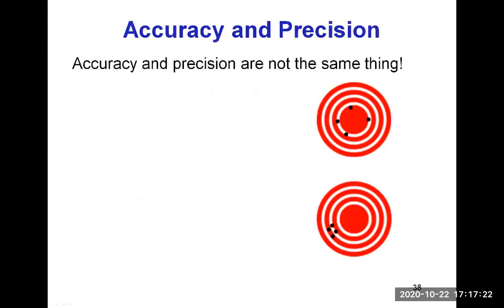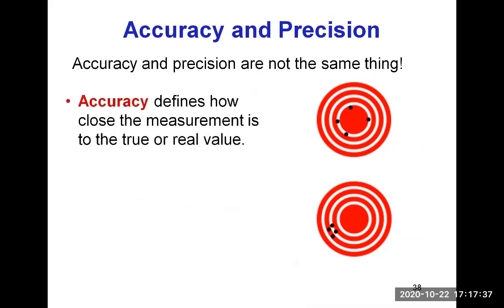So let's talk about accuracy and precision, and make sure you understand the difference between the two. They are not the same thing, even though people use them interchangeably. It doesn't mean the same thing. Accuracy defines how close the measurement is to the true or real value.